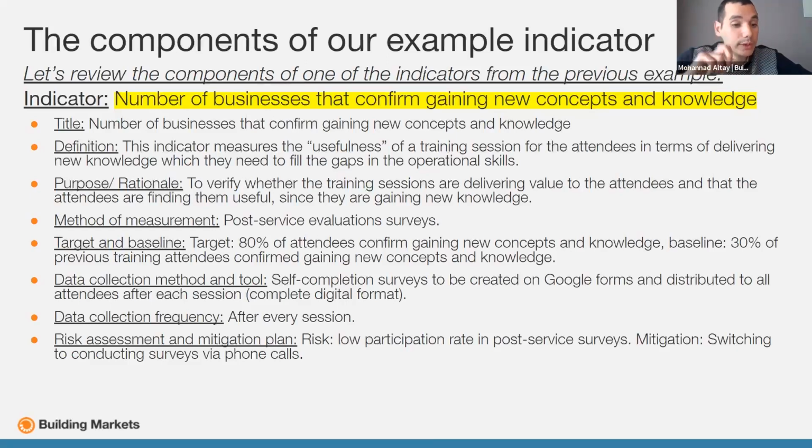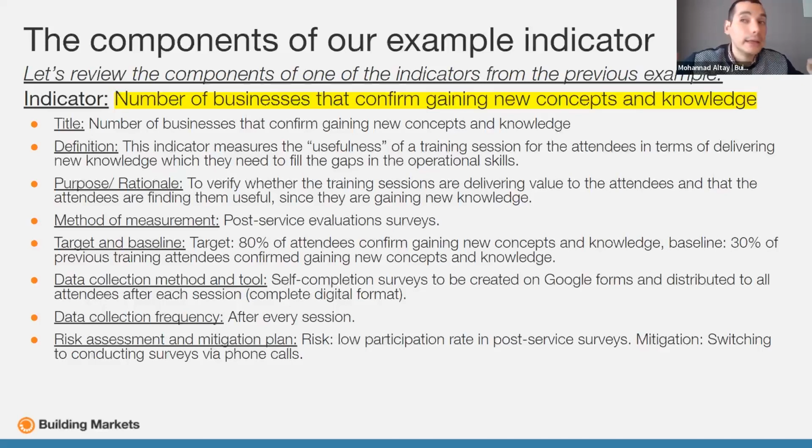So the first component is the title component. Number of businesses that confirm gaining new concepts and knowledge. This is the title of the indicator. It is simple. It is clearly understandable to everyone. It is not vague. It is not complicated language that only the program people can understand.